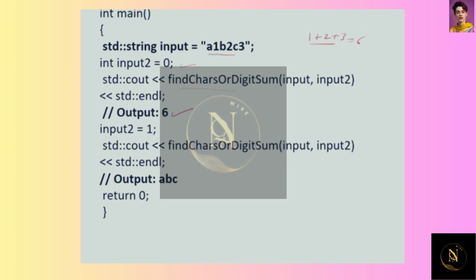But if the input variable is equal to 1, then the second part will execute, and according to the second part it will take into account only the letters of the string, in our case A, B, C. This will be printed, and the output, which I have written in comments, is ABC, and it will return 0.